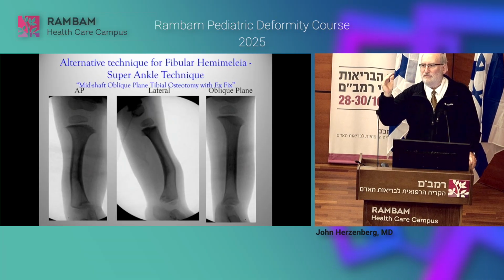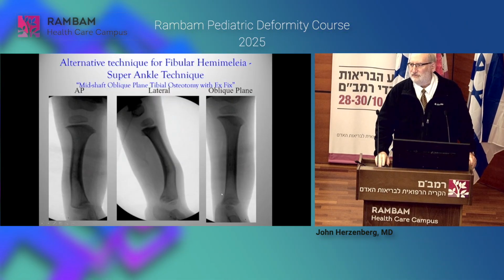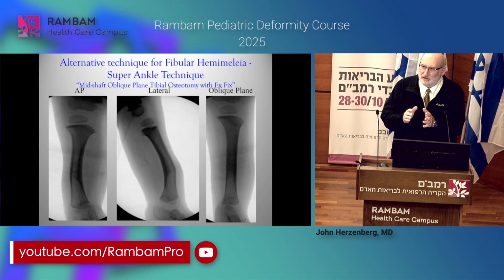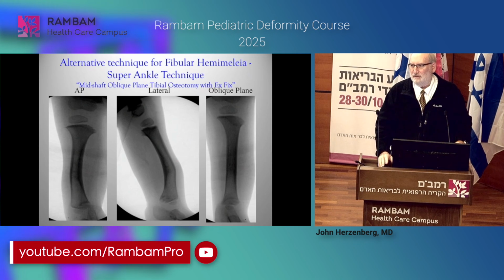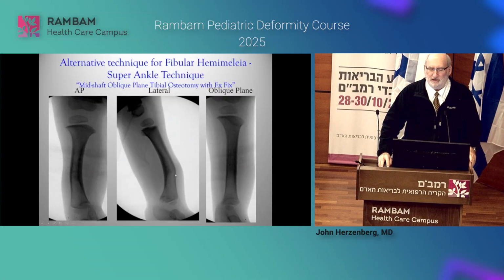The banana looks deformed, but if you look at it a certain direction, the banana is completely straight. So what you can do is say, all right, I'm going to rotate the leg so the banana is straight, and I'm going to put my frame on in that plane so that it won't be an anatomic AP or lateral, it'll be something in between.